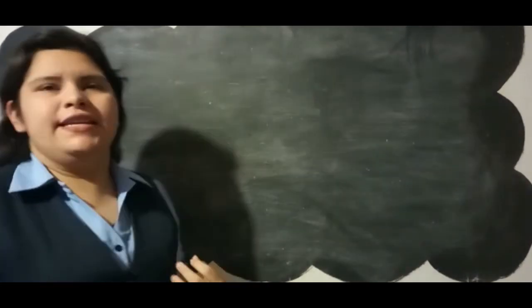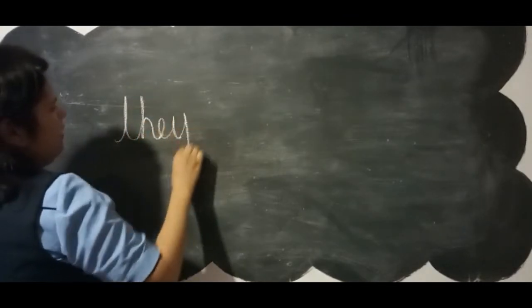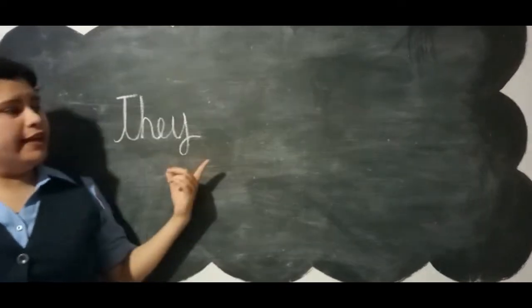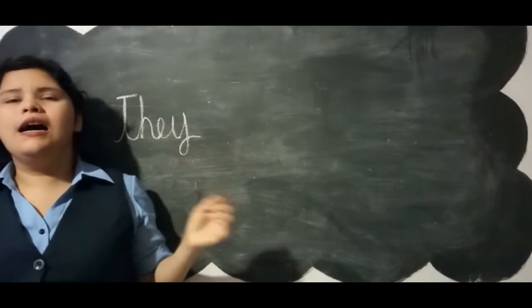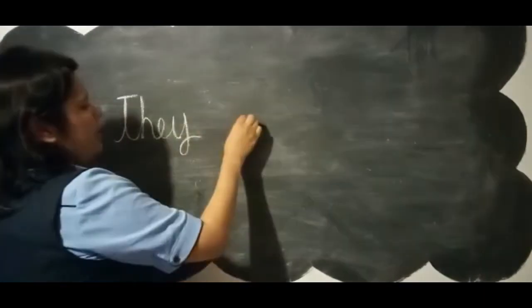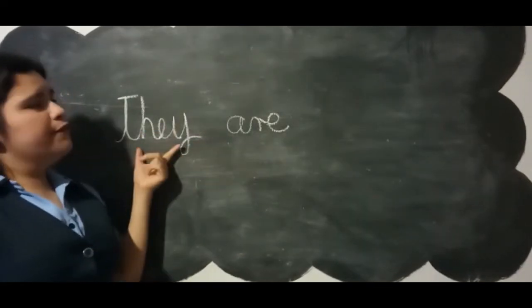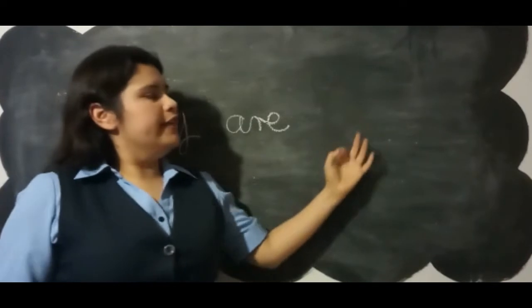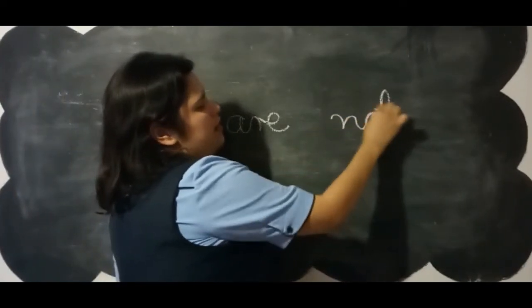The subject that I will use this time is they. For they, as a verb to be, I'm going to use are. They are. And this is the first element, the second element, and the third element will be not.